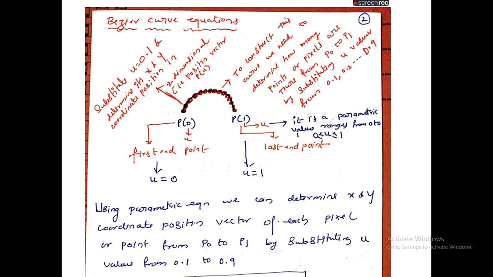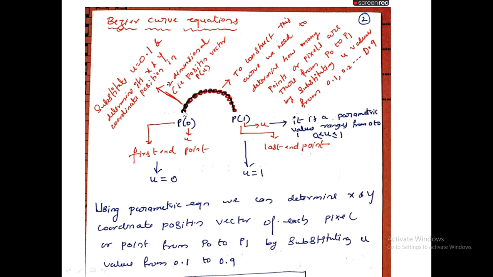If I want the first pixel position p of 0, then p of 0 contains coordinate positions like x, y, 0. So substitute x and y values in the parametric equation, and you will get the first end pixel position, p0.